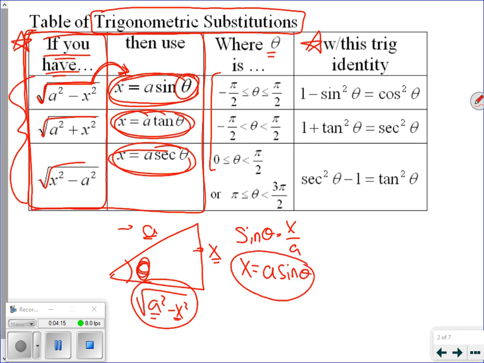So using the fact that the square root of a squared minus x squared is a value that we have, we can turn that into a triangle problem and use this property. And it's similar arguments for the other 2 as well. I encourage you to maybe even try to figure out why those are true and set up your own triangle, but that's essentially what we're doing. We're turning a non-trig function into a trig function and using trig properties to integrate.